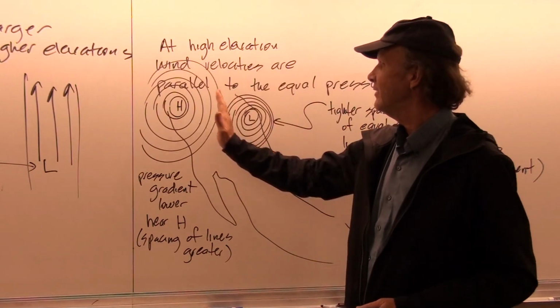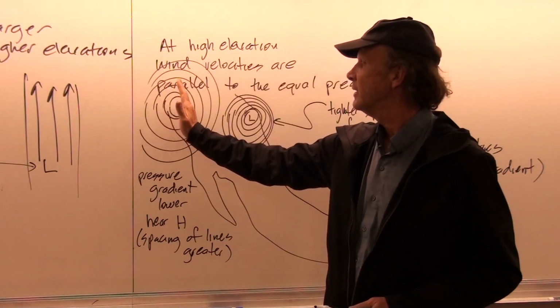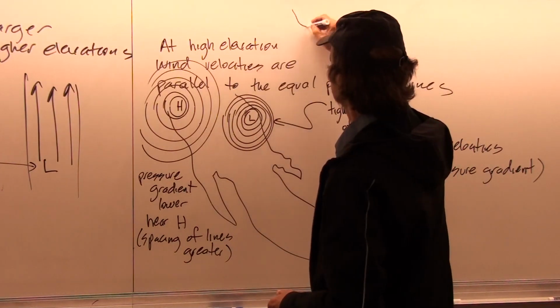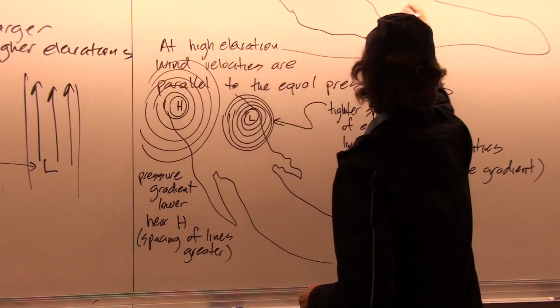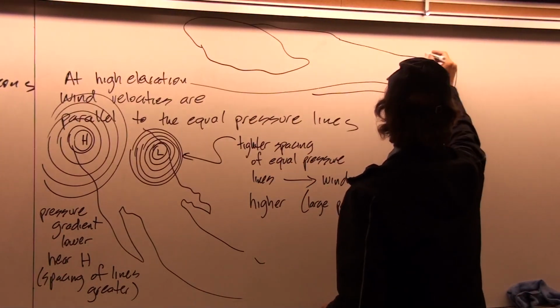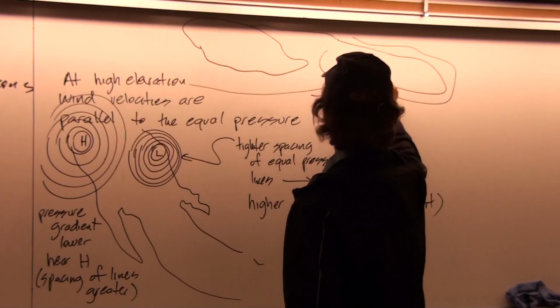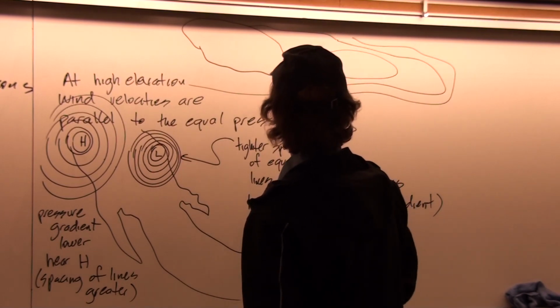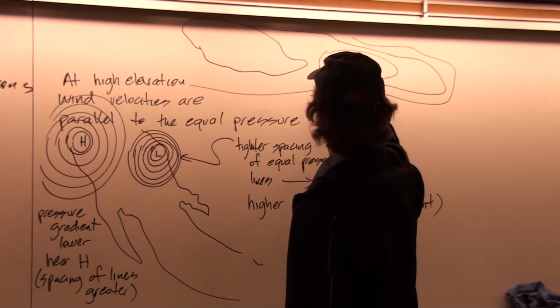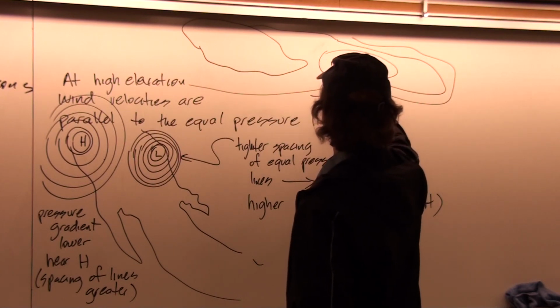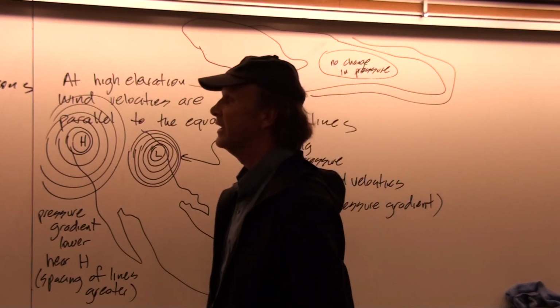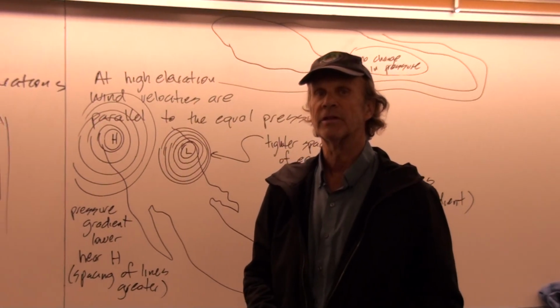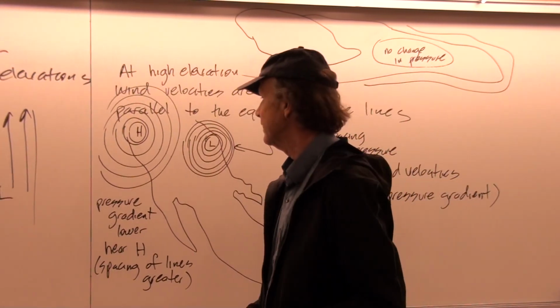And so here, if we have lines that are more equally spaced, or if the lines are very far apart, like what would be the case here, maybe you have something like this, then in this region, there are very few lines at all, and so we would say that the pressure doesn't change. And we would imagine that the wind velocities would be proportionately low in a region like that.